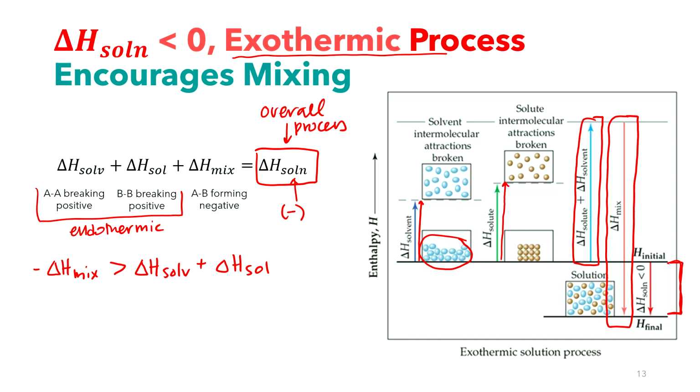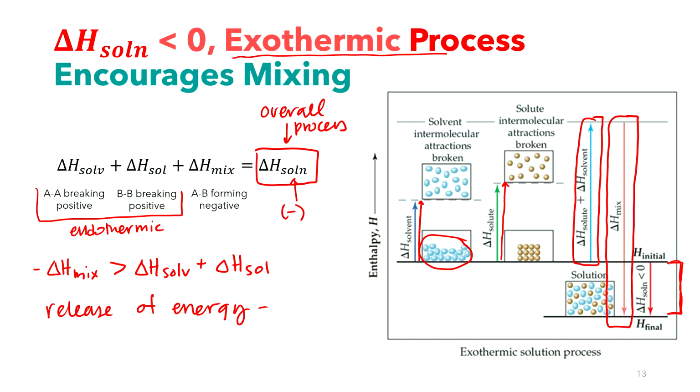This encourages mixing, okay? Remember that things tend to like to minimize their potential energy, and in this case, mixing minimizes their potential energy because we must be making some really strong intermolecular forces between our A and B's. Because it's exothermic, we have a release of energy, and it's probably going to be in the form of heat.